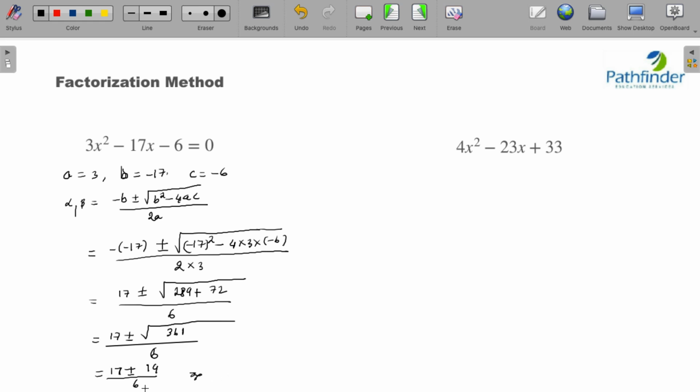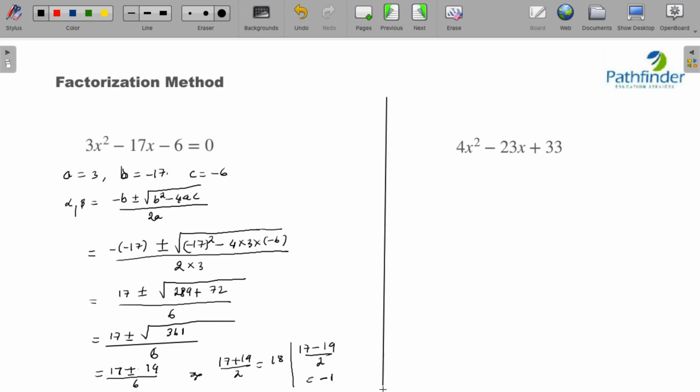Which means the two roots can be found by taking the plus sign once and the minus sign once. So if you do 17 plus 19 by 6, you will get one root, let's call it alpha. So alpha is equal to 6, and the second root you can find by doing 17 minus 19 upon 6, which is nothing but minus 1 by 3. So the two roots of the equation are 6 and minus 1 by 3.